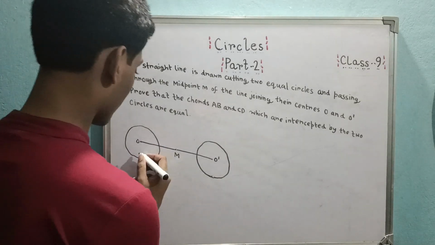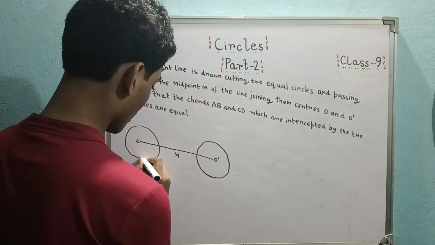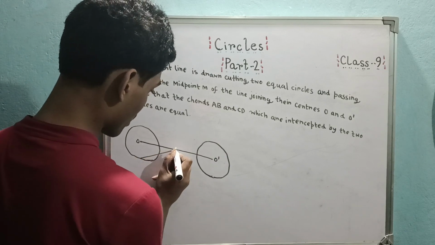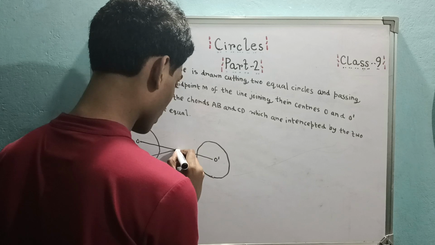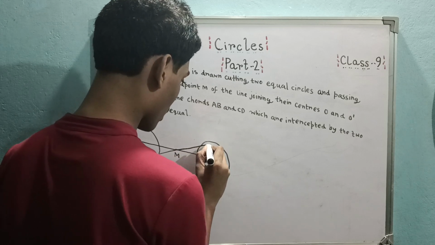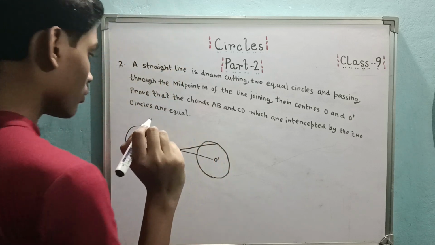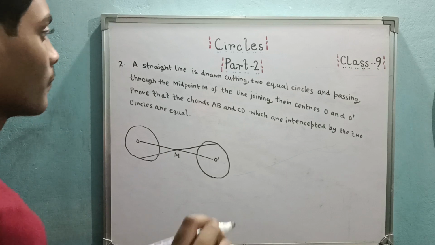It's cutting the equal circles. So like this, it passes through the midpoint, goes up and meets here. So this is that straight line.